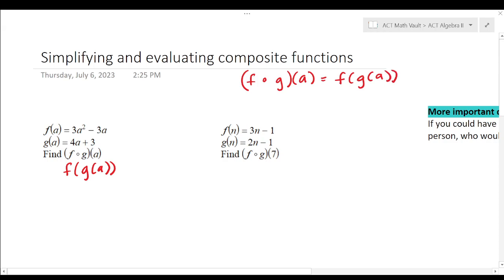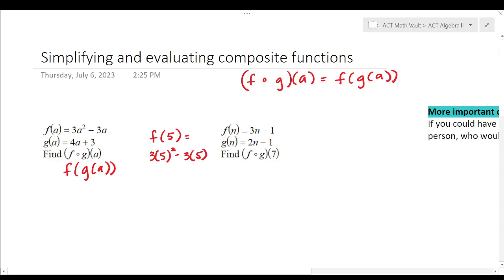So if I asked you, what is, say, f of 5? You would say, okay, f of 5 means the 5 is the a, and then I'm going to put a 5 wherever I see an a. So f of 5 would be 3 times 5 squared minus 3 times 5.